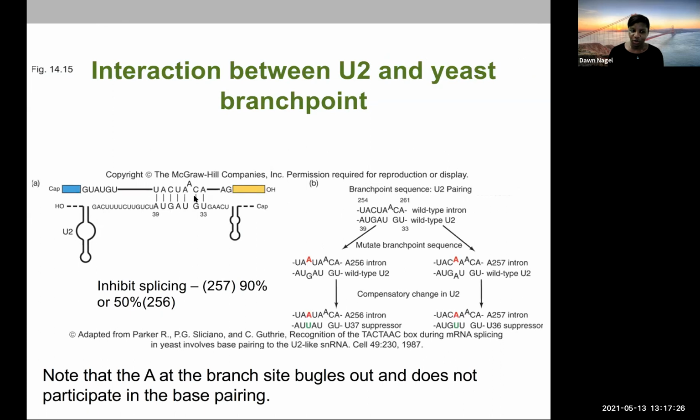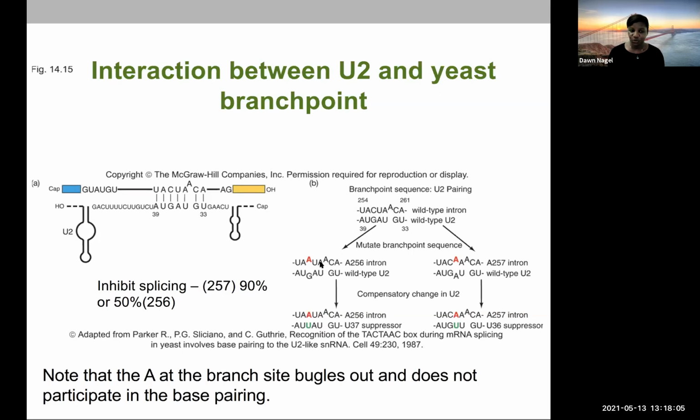And we know that this is important, in addition to causing all these mutations. If by some chance you wanted to create a mutation so that the U2 spliceosomal complex or SNRP is not able to bind as efficiently to the messenger RNA, depending on where that mutation occurs, you will inhibit splicing, right? So depending on which nucleotide gets cleaved. So here is your branch point.